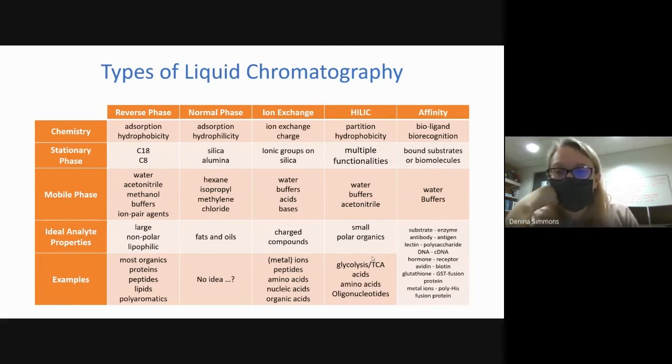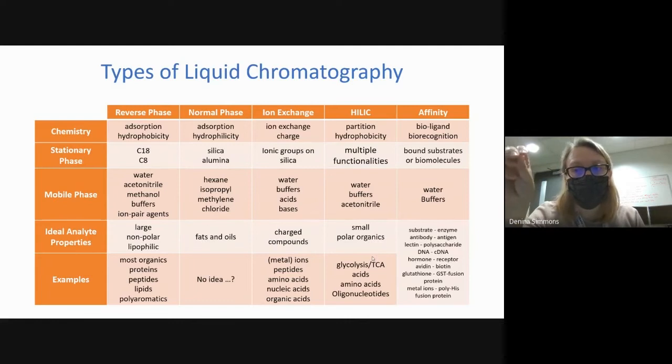And then finally, we have affinity chromatography. This one is usually very specific to the analyte that you want to separate out. So the stationary phase can be many things. It's usually a biomolecule, and you're usually only running water or buffers through these kinds of columns, and you could be looking for anything.